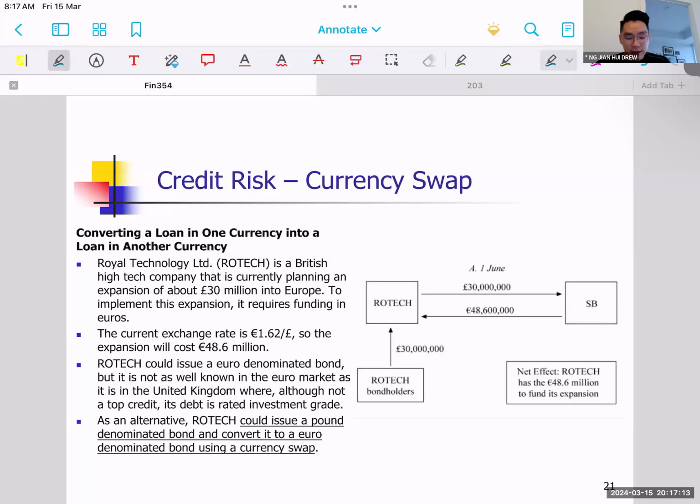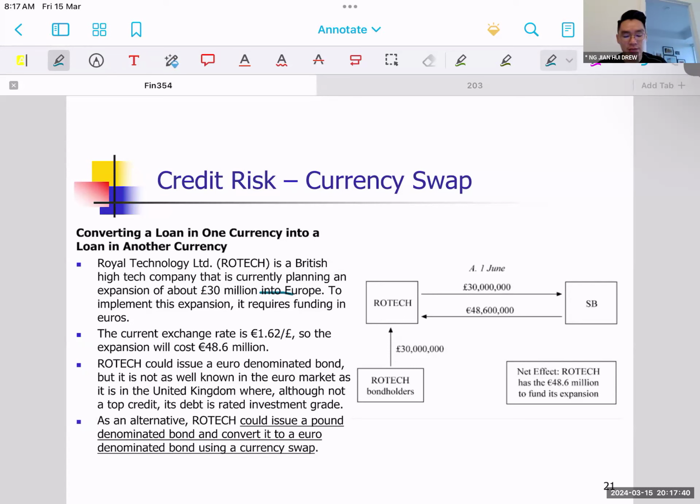In this example, we have a British company called Rotec, a British high-tech company, and it wants to invest in Europe. We know that in the UK, in Britain, we use pounds, but in the rest of Europe, the European Union in particular, we use euros.